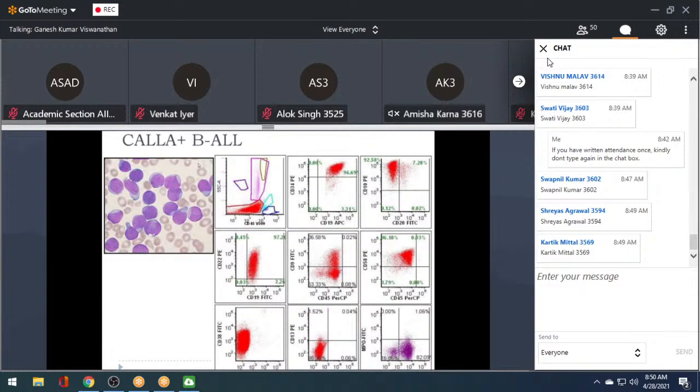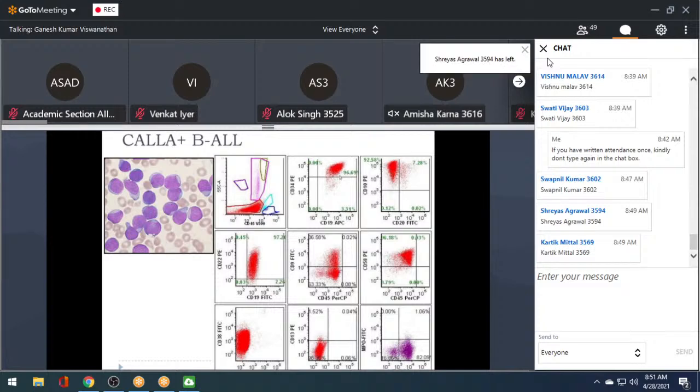So again, this is another case. You can see that there are a lot of similar looking cells. All are very large cells compared to the RBCs. They are at least 2 to 3 times bigger. And they don't have any Auer rods. They have basophilic cytoplasm. And when you see the flow plots, you can see this red population here, which is present in the blast window. And it is positive for CD34. CD34 is present on the y-axis.